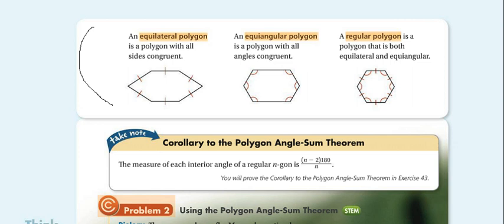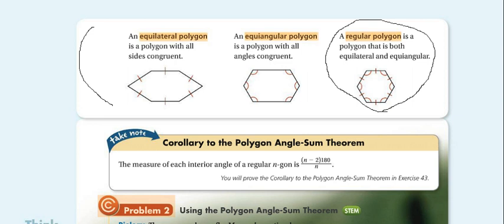And a regular polygon, the one we were just talking about, is a polygon that is equilateral and equiangular, so these two combined together. When we use our corollary to the polygon angle sum theorem, it only works for regular polygons, where they have congruent sides and congruent angles.